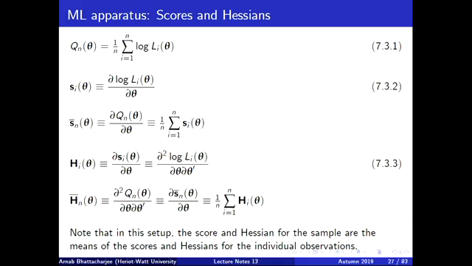I need to know the true value. But that is the problem, right? I don't know what the true value is. However, I'm doing maximum likelihood here, so I have a consistent estimator. So I can substitute that here. Okay? But this is not what I want, right? What do I want? I want the expected value of this. So how do I get the expected value? Oh, hang on a minute, I have n observations here and this is the expected value. This is my best guess for the expected value.